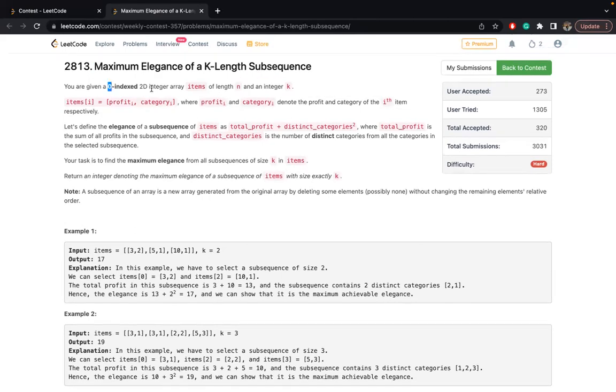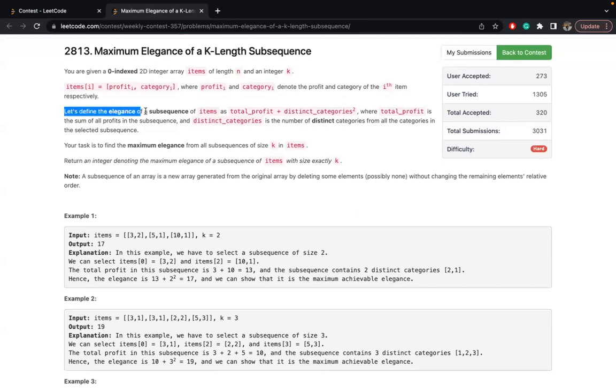You are given a 0-indexed 2D integer array items, which has length n, and you are also given K. Every item has a profit and a category.